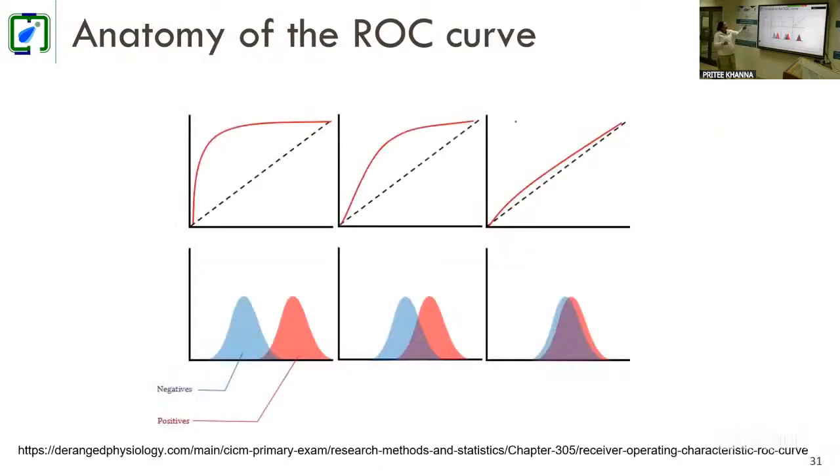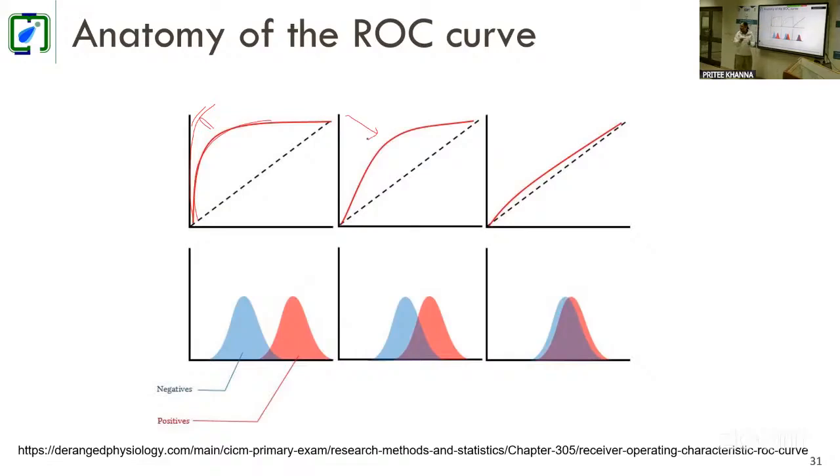Now here you can see the anatomy of the ROC, with three different versions, and how the ROC is plotted. The best is closer to this side; here the separation is more because the curve is towards this side.